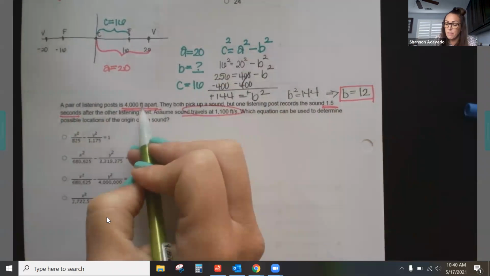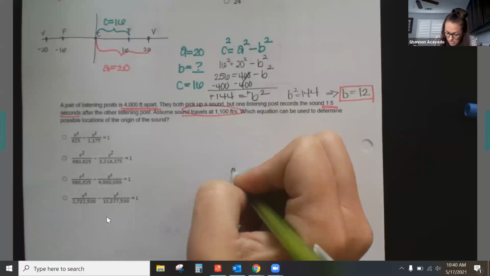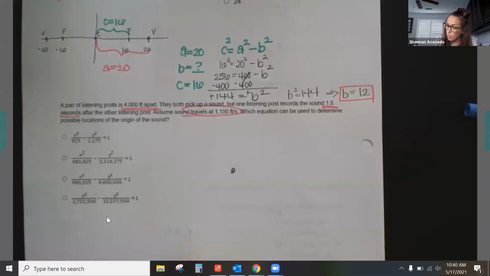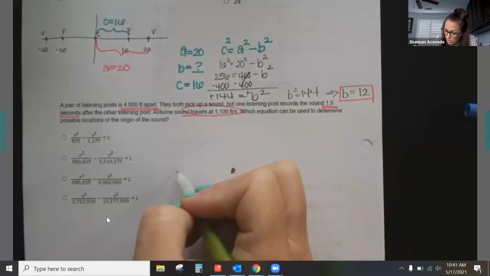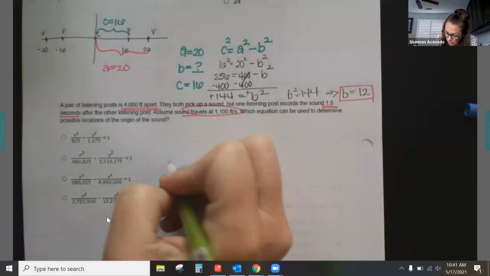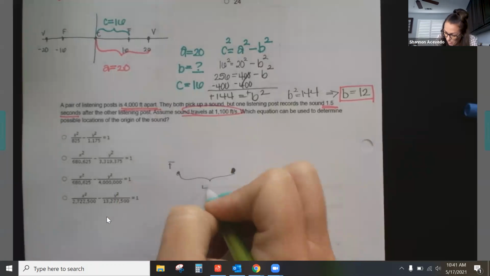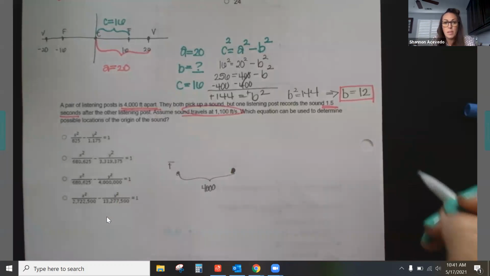When we talk about this 4,000 feet, here's going to be where my starting point is. I'm going to consider it the origin. So from here to my post is going to be 4,000 feet.